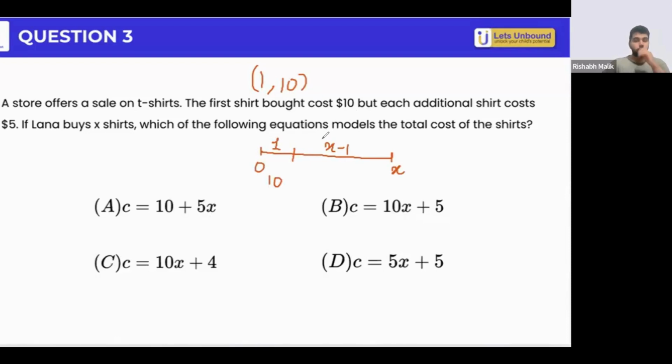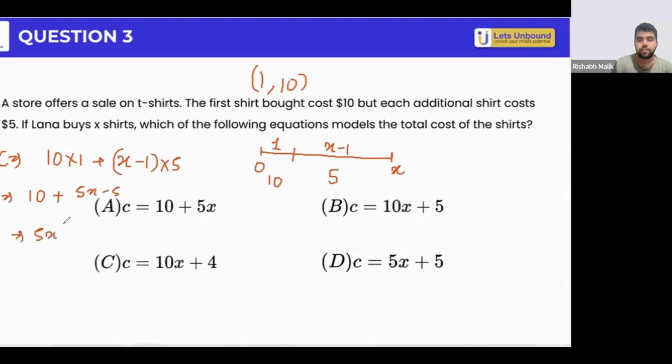So these x minus 1 shirts are going to be charged $5 each. So my total cost here would be 10 times 1, that's for the first shirt, then x minus 1 multiplied by 5. If I simplify that, it's going to be 10 plus 5x minus 5. That results in 5x plus 5 as the answer.